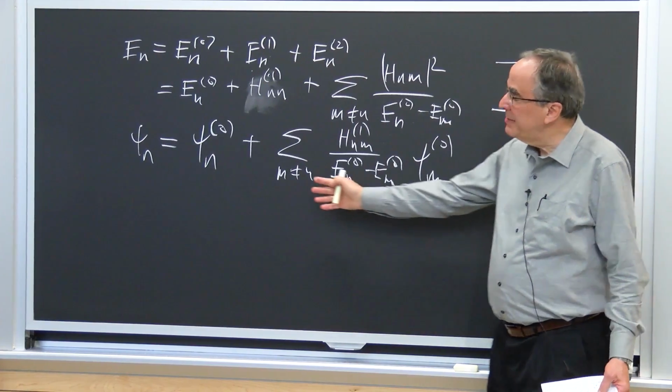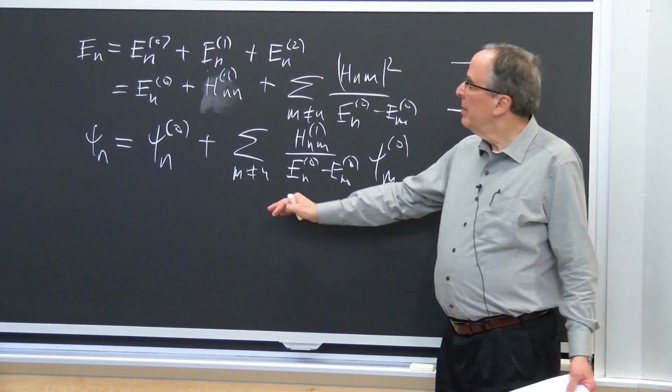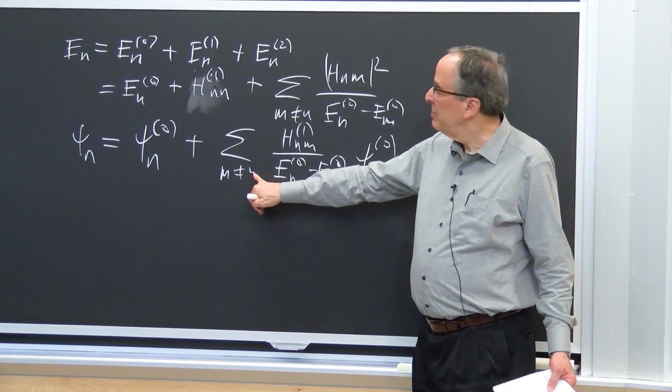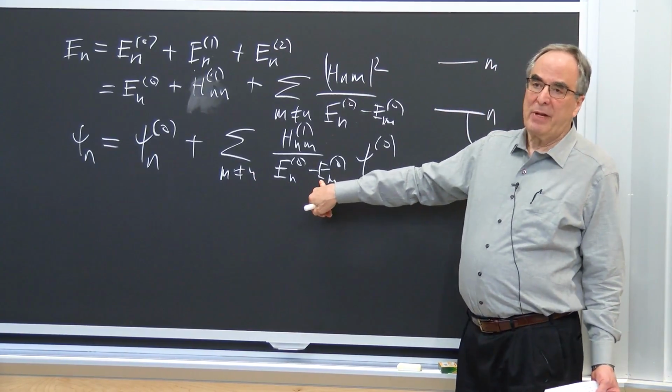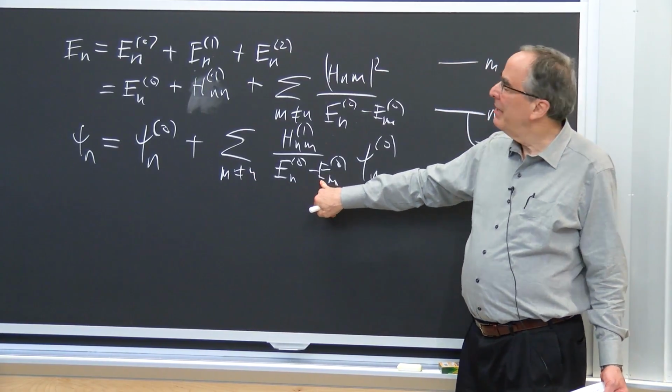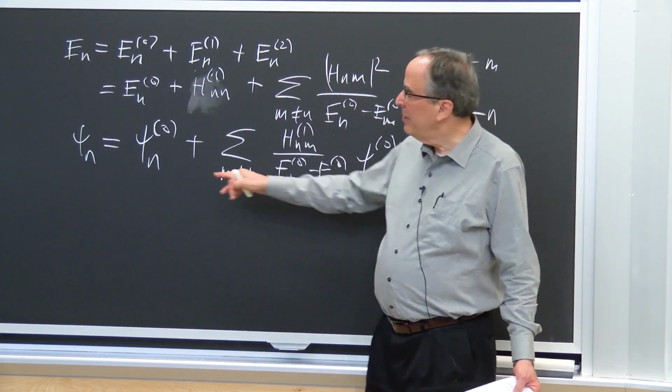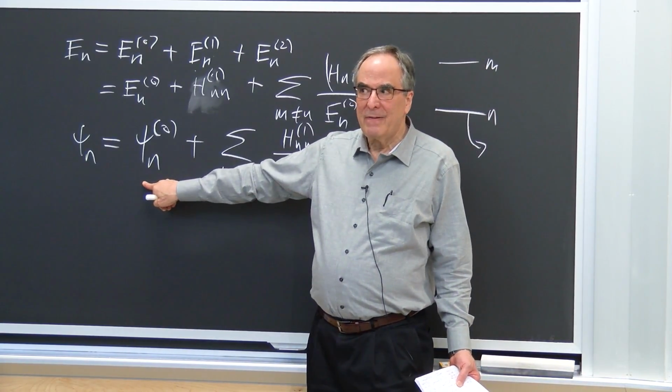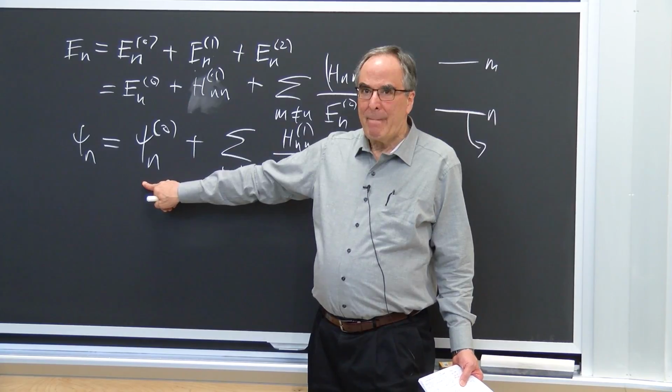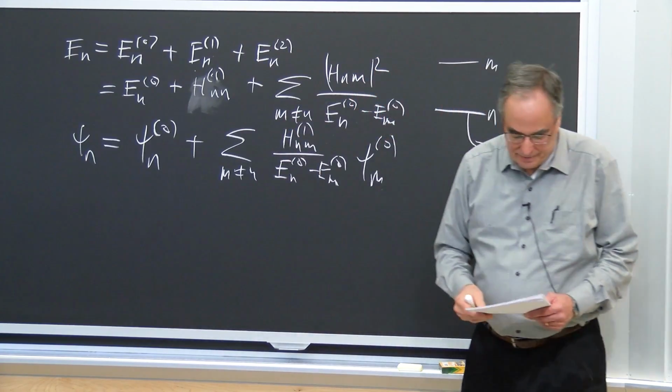Now the reason this sum does not include the nth level is, well, if you did, this denominator would blow up. And you don't need the nth level because you've already got it here. So these are the formulas.